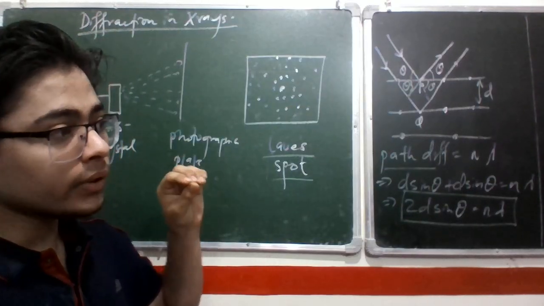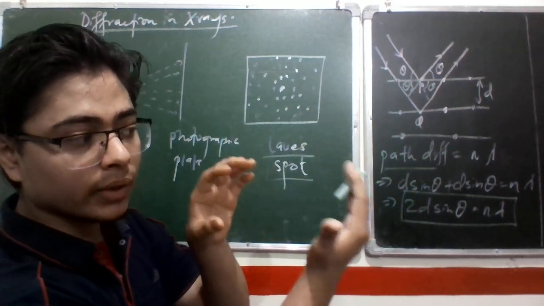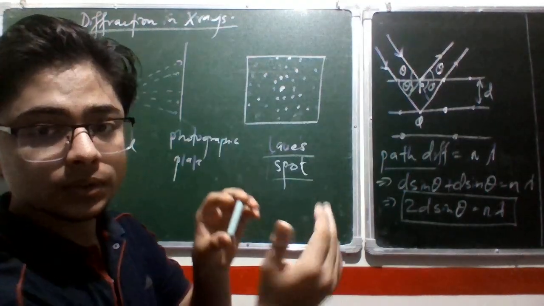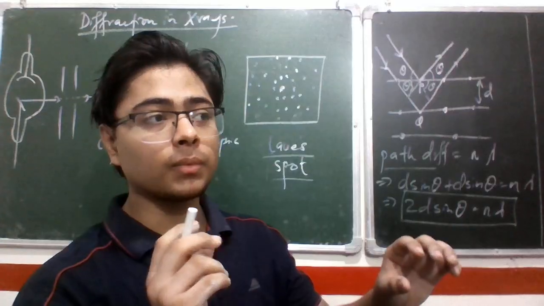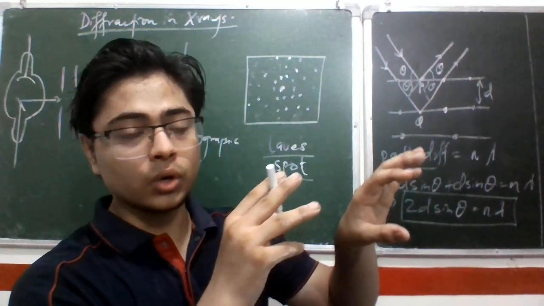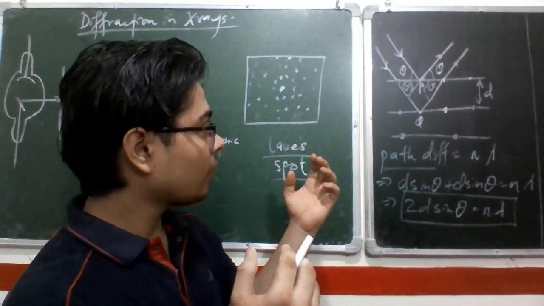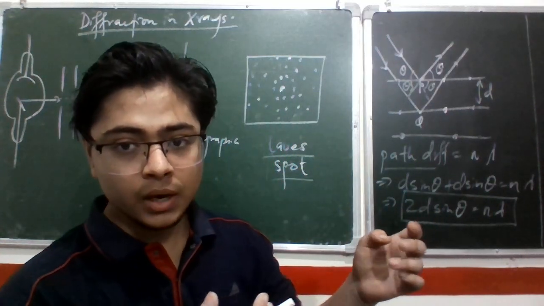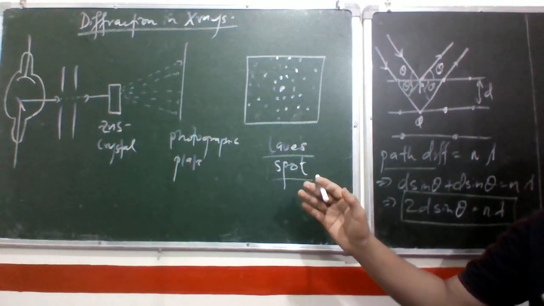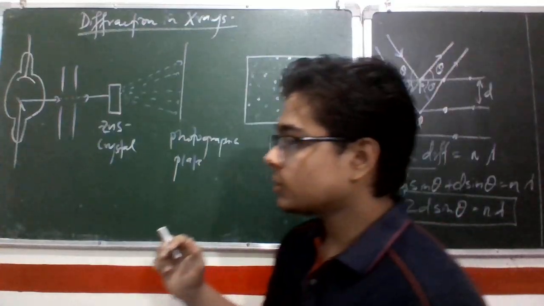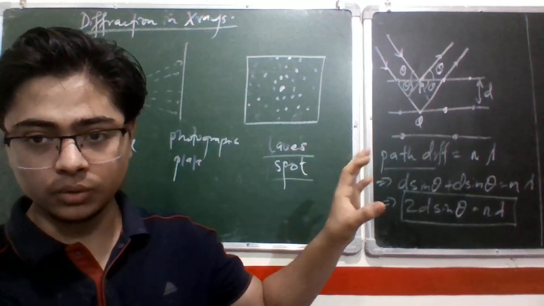Whenever we apply waves to a crystal, X-rays are diffracted, and another thing also happens, due to the crystal: it forms something called a reciprocal lattice zone.